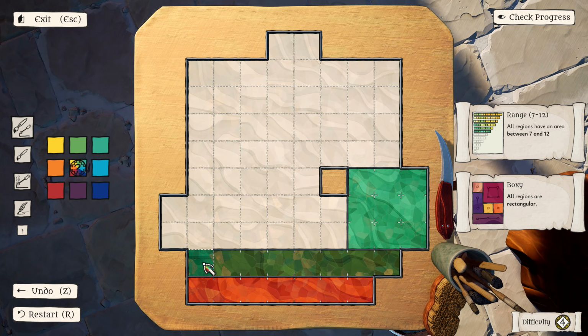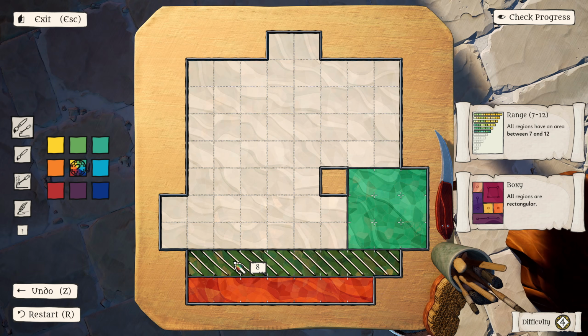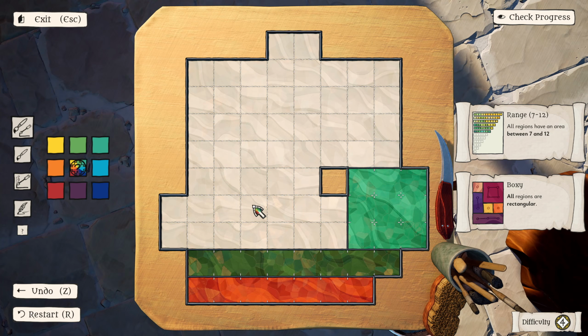This does have to come across, because if this was a different region and it went up, we leave those two on their own. So that comes to there as an 8. 7 to 12. A 12 is a 3 by 4. But that can't be 6. So this has to be 2. Well, this could be that, which is interesting.